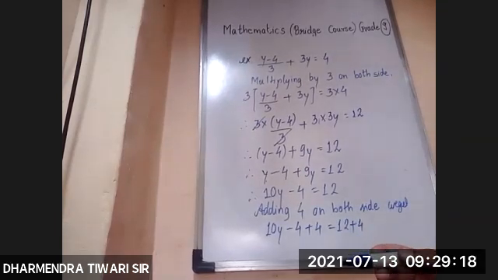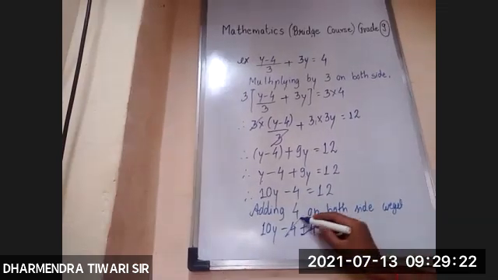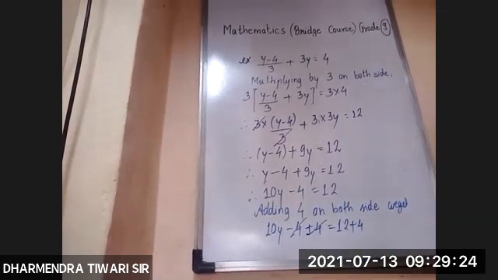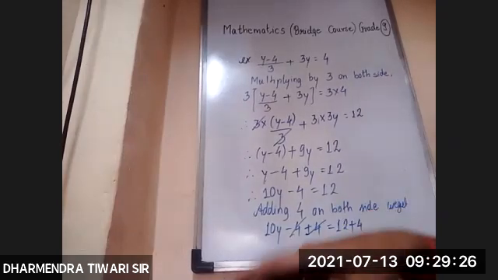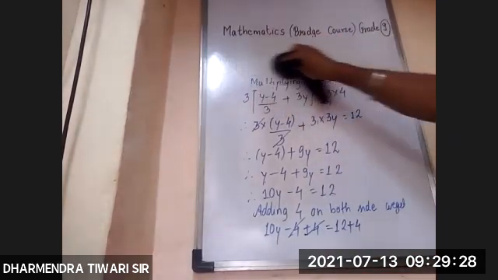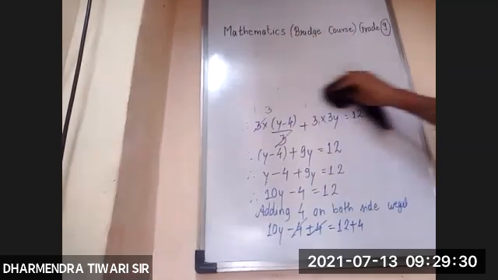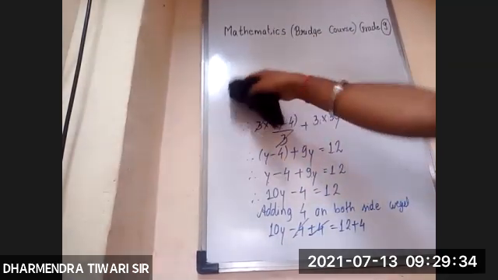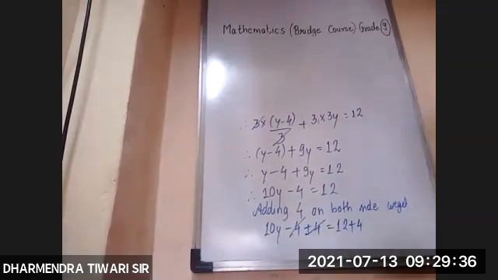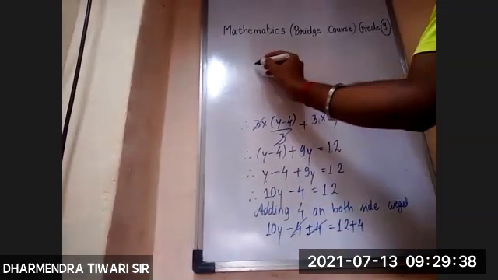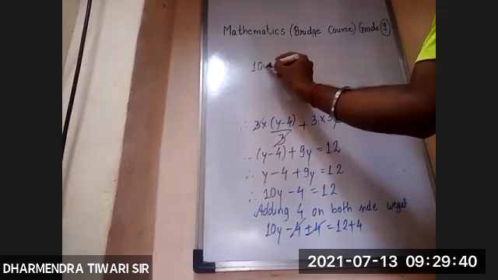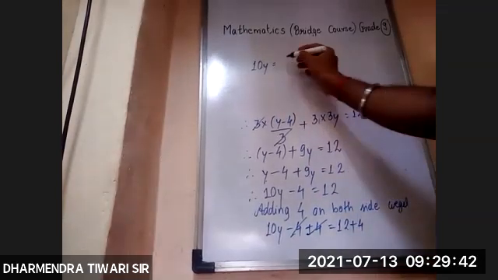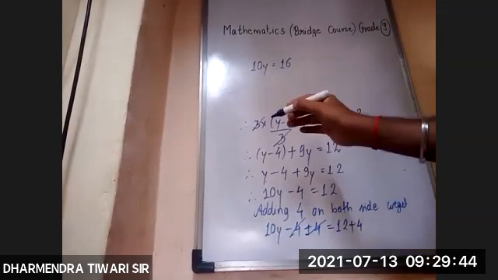Now, since terms with opposite sign on the same side get cancelled, what remains is 0. So we have 10y is equal to 12 plus 4, which is 16.